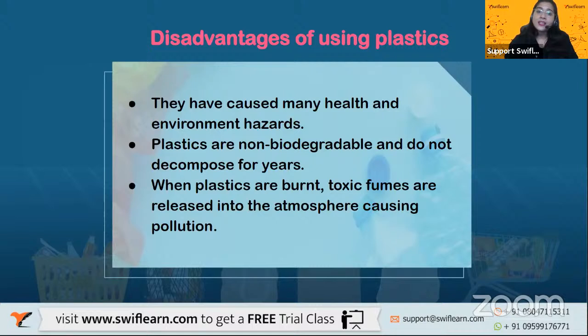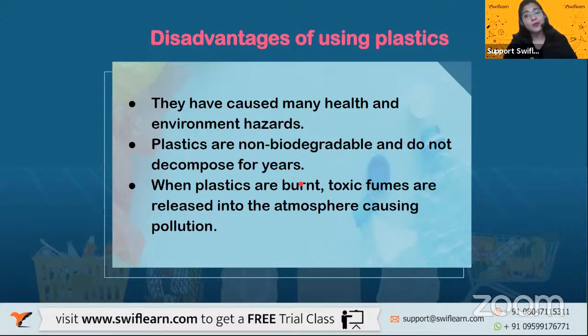So this is a very important and very dangerous disadvantage of plastic. What is that? They have caused many health hazards. Various health issues can be caused by using this, and also environmental hazards they cause. Secondly, we know that plastics are non-biodegradable, so they do not decompose if we keep them for years after years.